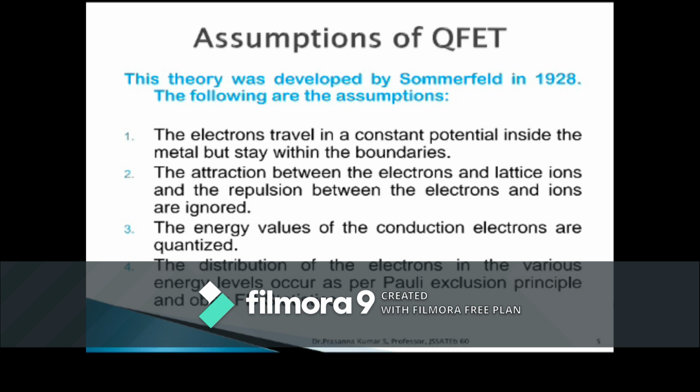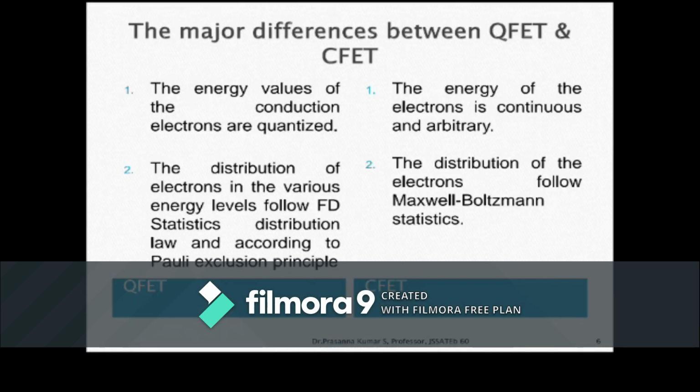These were not there in the classical free electron theory. So I have listed out the major differences between classical free electron theory and quantum free electron theory. The first column is quantum free electron theory. The second one is the classical free electron theory.